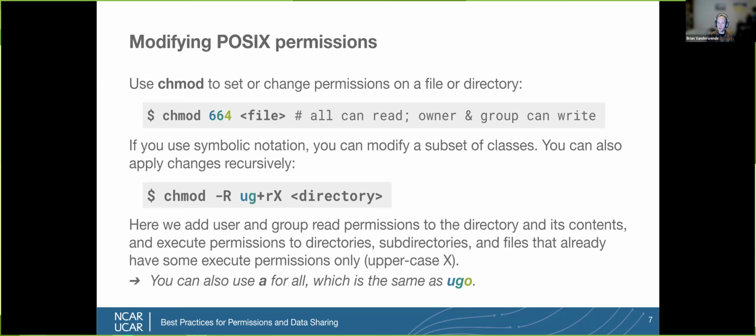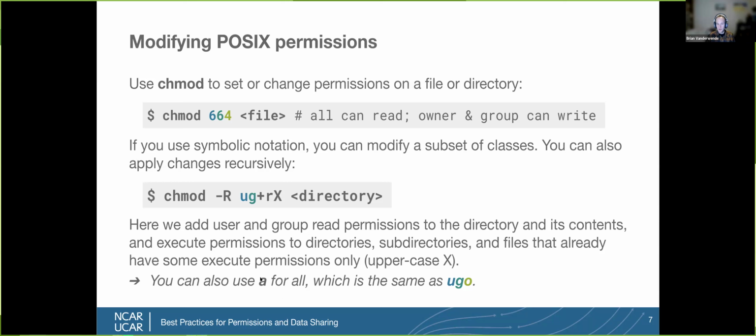So if it had a user execute, then this operation would also add a group execute if it was missing. And it will add it to all directories, so you get that nice rx. But if you have a file that should not be executable, like a data file, not a script, then it's not going to add execute when you use this X versus the lowercase x. So that's a really handy thing that I found super useful.